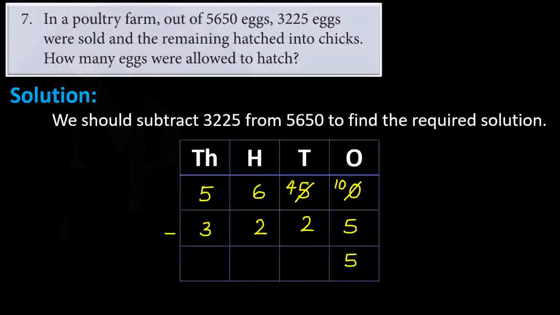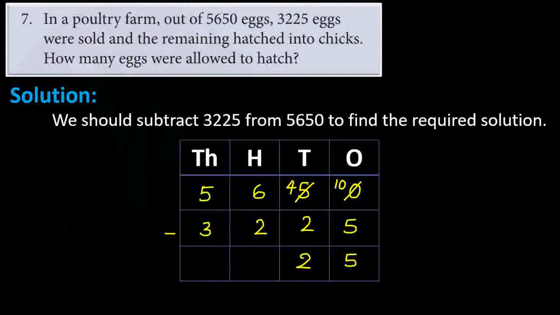So here now we will subtract 2 tens from 4 tens, which becomes 2 tens. 4 minus 2 is 2. Here in hundreds place we have 2 hundreds to be subtracted from 6 hundreds.